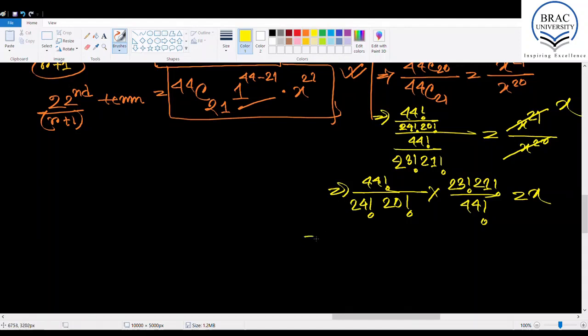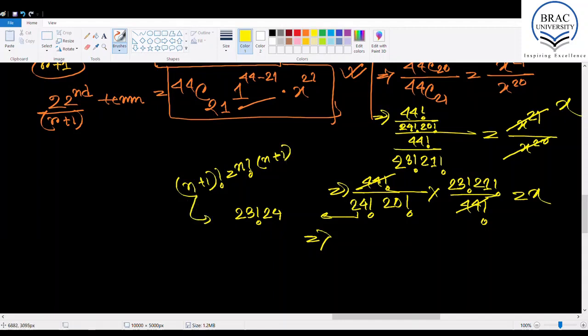Okay, so we can divide both sides with 44 factorial, and as we can see, this 24 factorial can be written as 23 factorial into 24. As we can remember, n plus 1 factorial equals n factorial into n plus 1, using this identity. So this is equal to 23 factorial and 24.